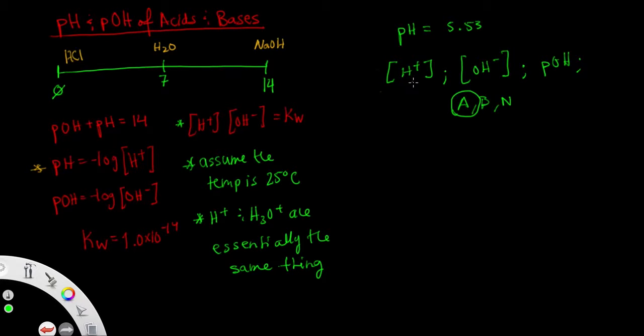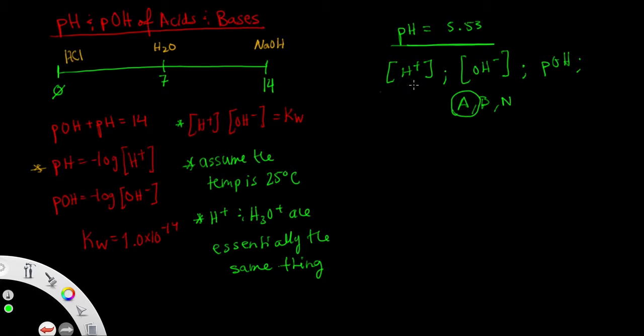Now, regarding the part of the question asking for the concentrations of H plus and OH minus and pOH, we have to use this information once again and these equations to solve the problem. So we have pH equals 5.53. What are some immediate things we can find from this information that will help us find the rest of this?